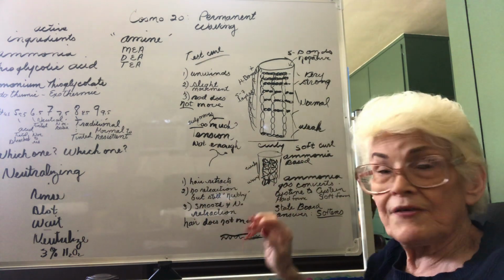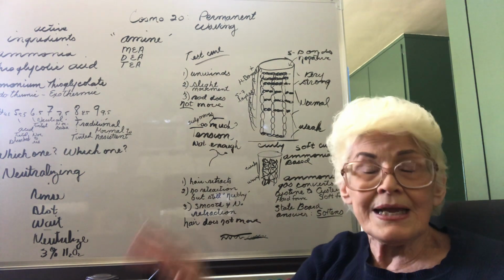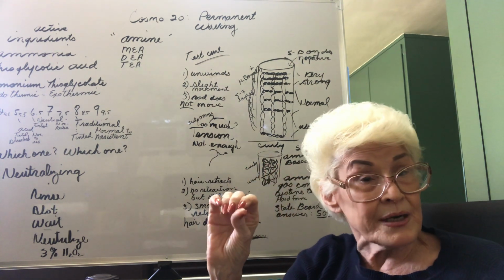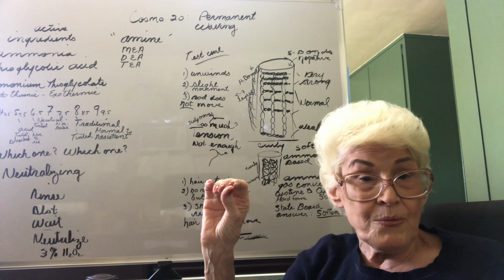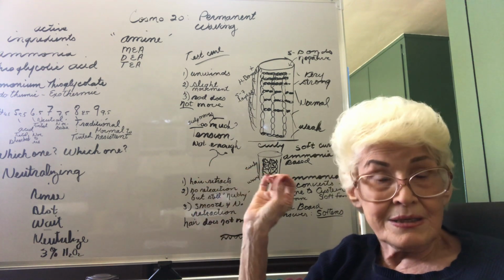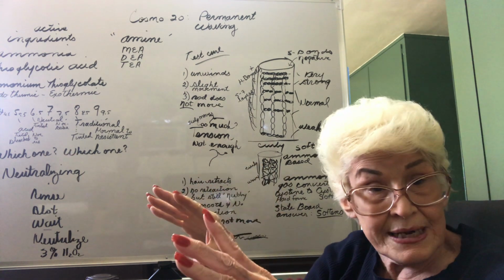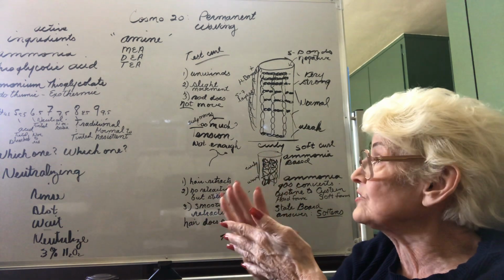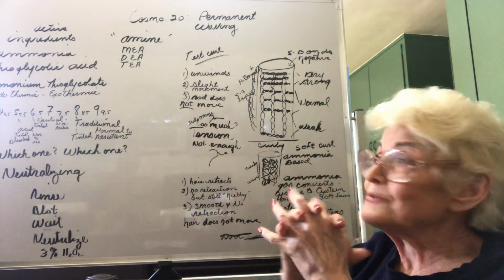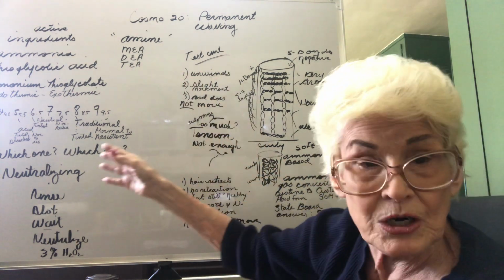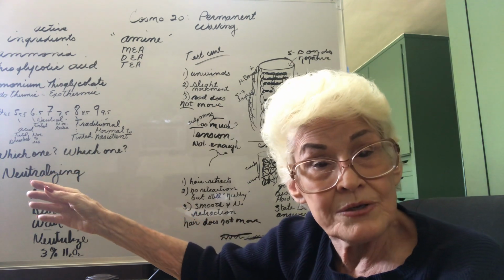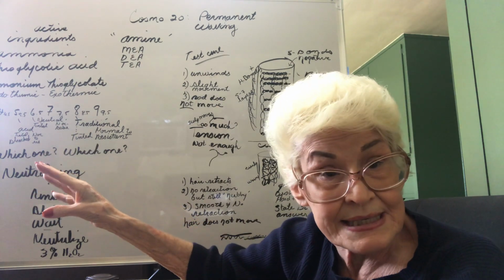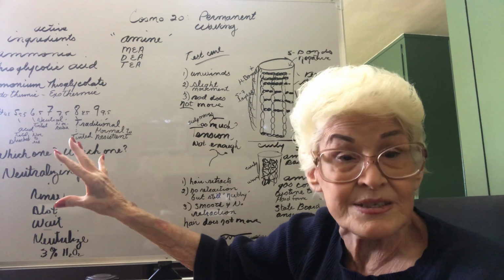It will take out a soft curl. And yet it's in almost every product you use. So always read your instructions and your ingredients. It's crucial that you understand which it is. So now that we know we can't have a perm without ammonia, regardless of how they disguise it by changing its name, it's still there.